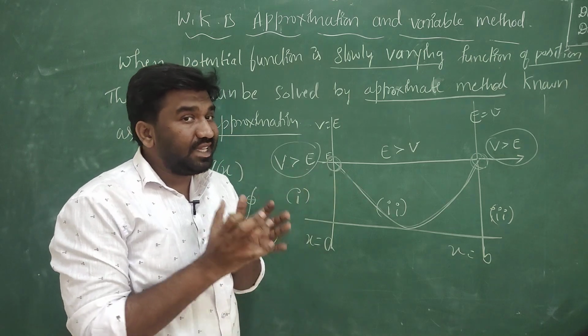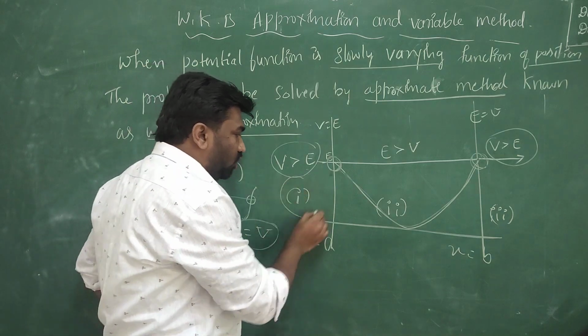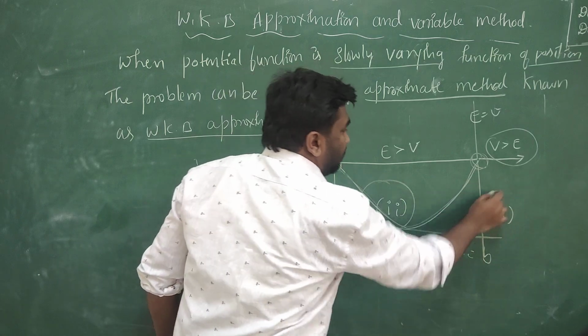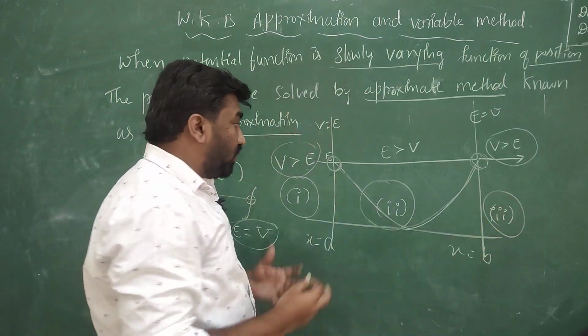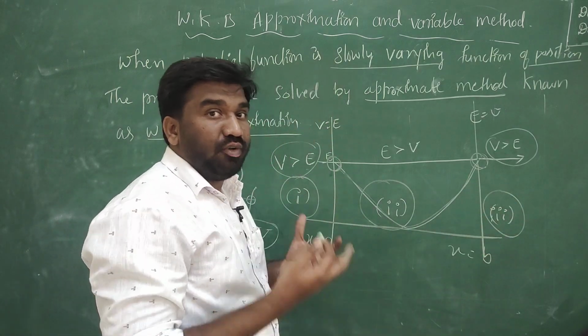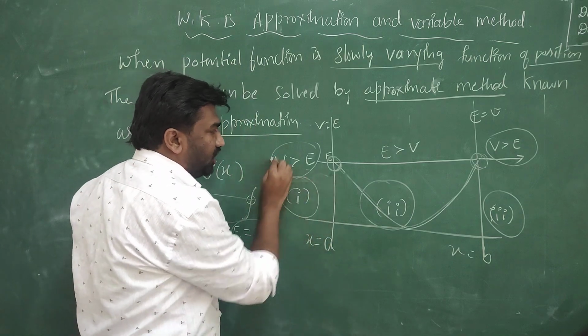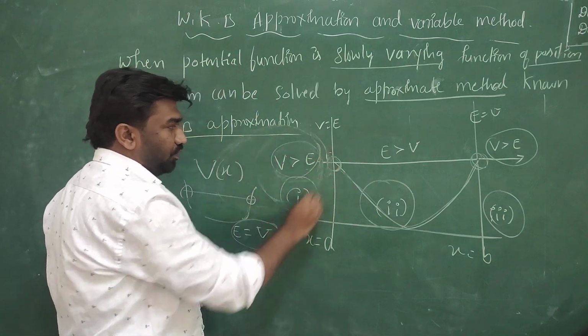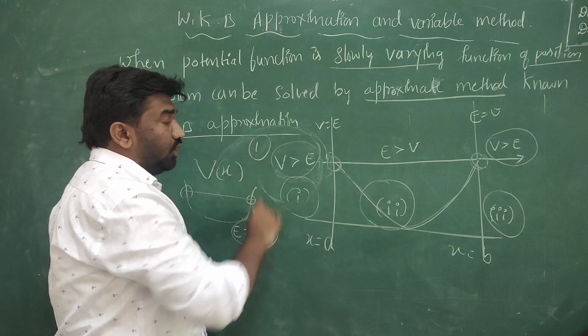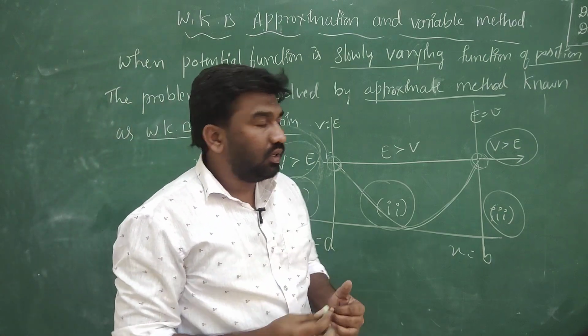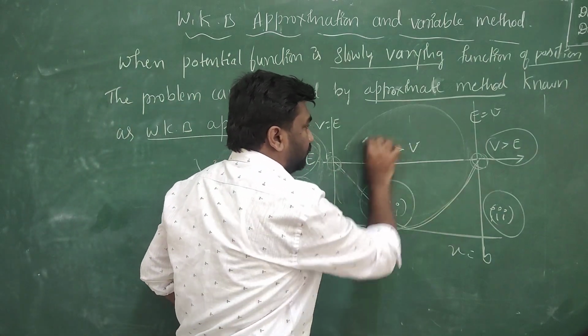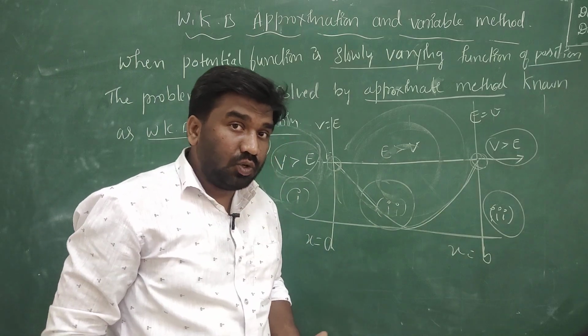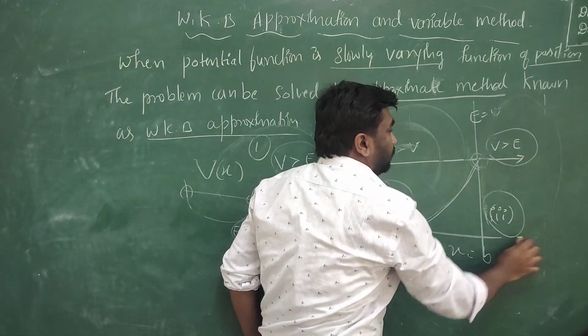The WKB approximation is valid only in region 1, region 2 and region 3. We can calculate the solution of a particle if the particle is in any of these regions.